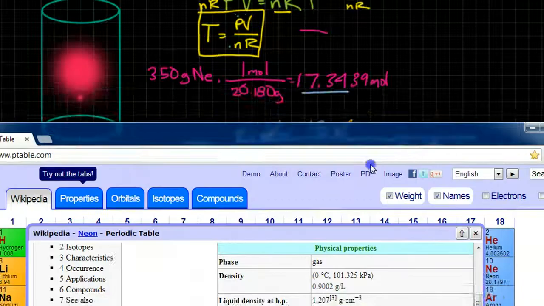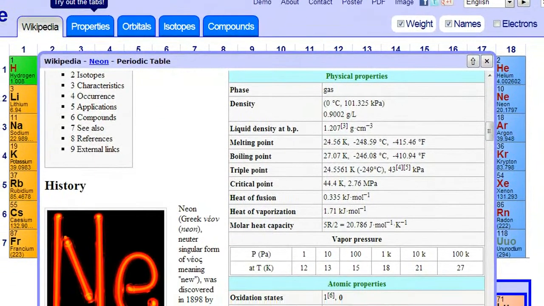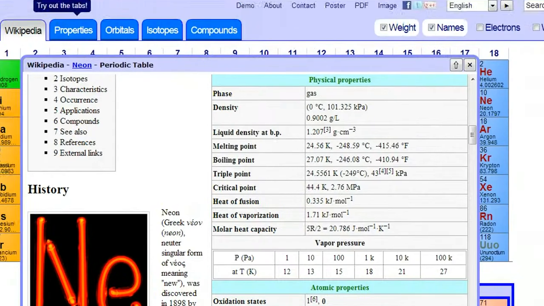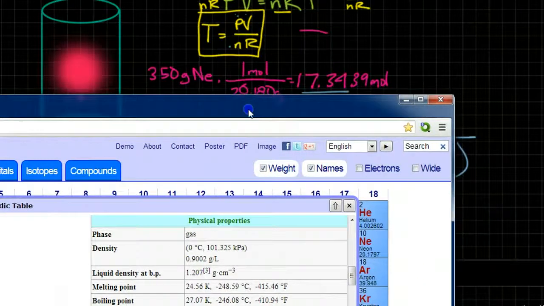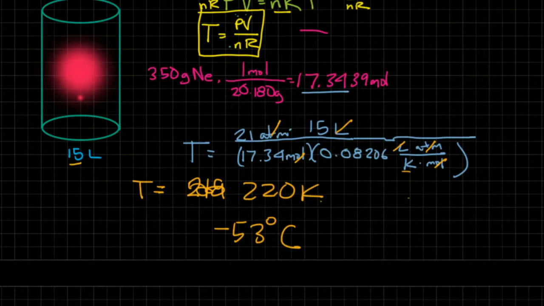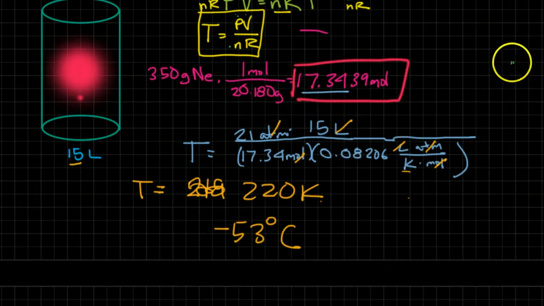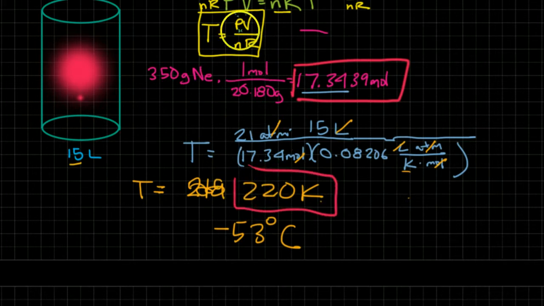How do we figure out what kind of pressure this neon would be under to get to that temperature? That's kind of a cool problem to solve. So I'm going to use the same equation. I've got a lot of the information already: the number of moles, the temperature, that's my starting point, and pressure and volume.